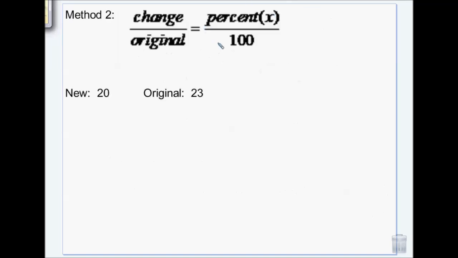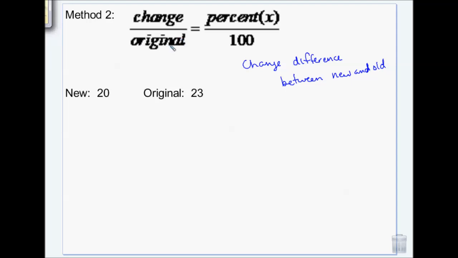The proportion again, where you have change over the original, where change is the difference. Okay, and you always want the change to be positive.